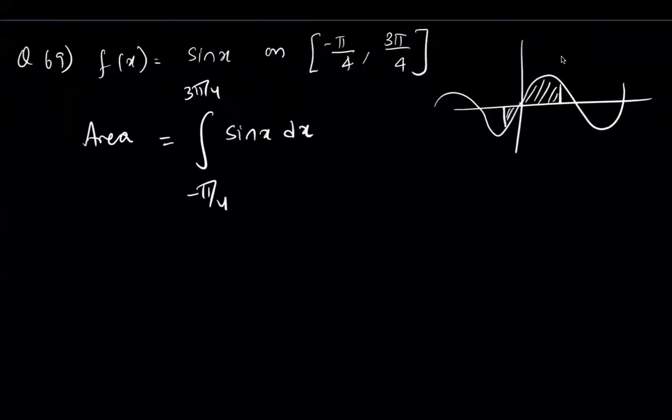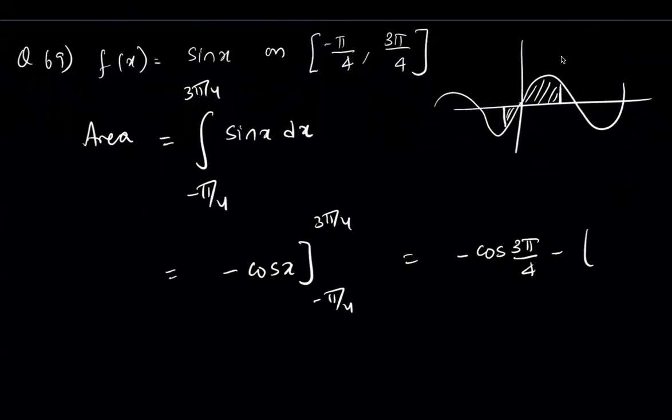Okay, so then I'm going to take this. So negative cosine x between negative pi over 4 and 3 pi over 4, which is negative cosine 3 pi over 4 minus negative cosine negative pi over 4. Cosine 3 pi over 4 is in the second quadrant.